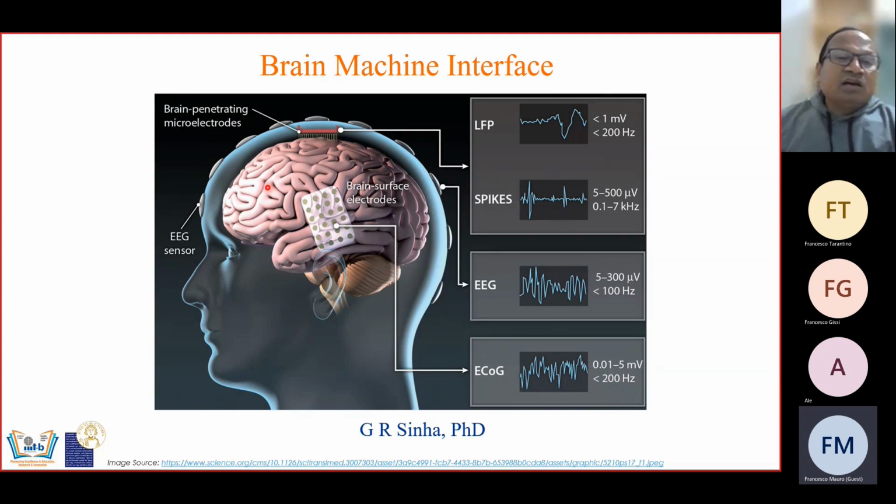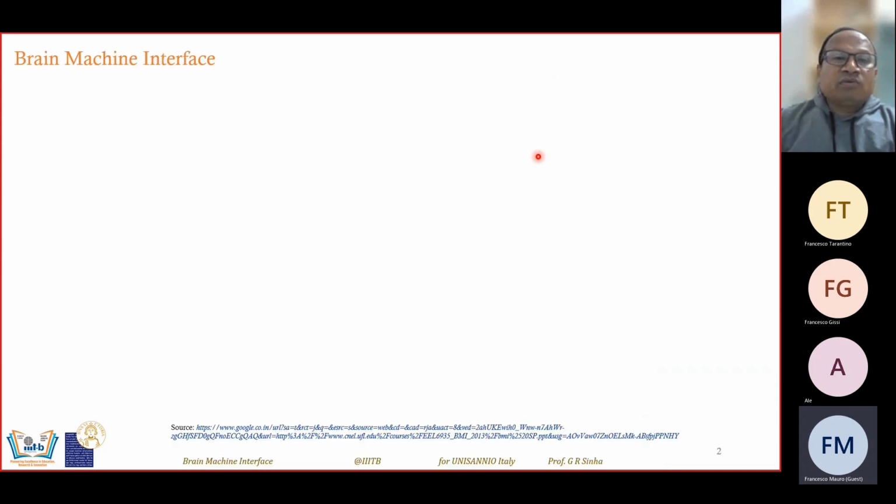And the deepest one gives even finer results, where you get spikes and local field potentials, where you insert microelectrodes. We have already talked about these signals in the previous lecture.